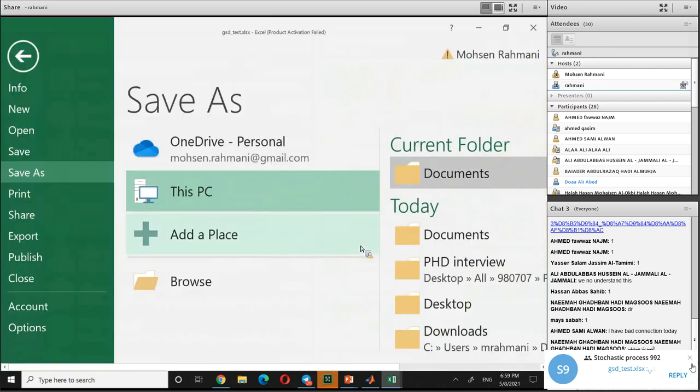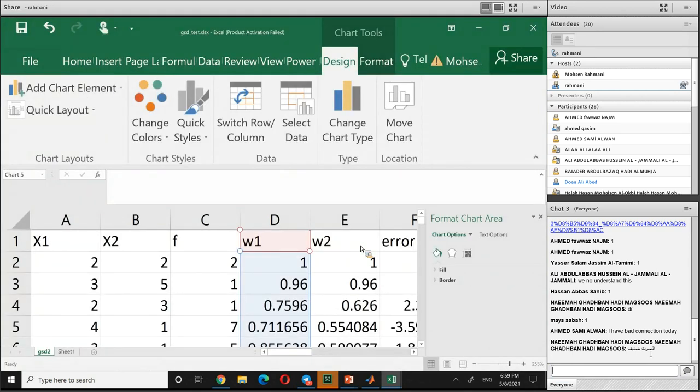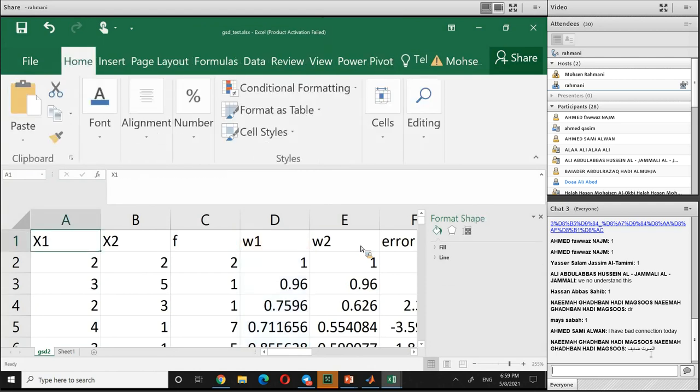Please have a look at this file. Excuse me for the connection, I don't know what's happening, but I want you to see this file. This is a description of GD using a very simple example. Please do this.